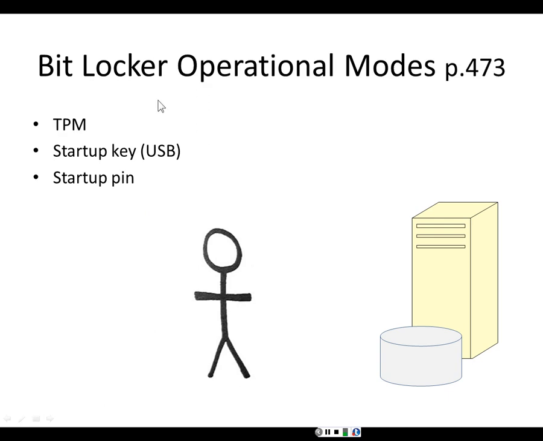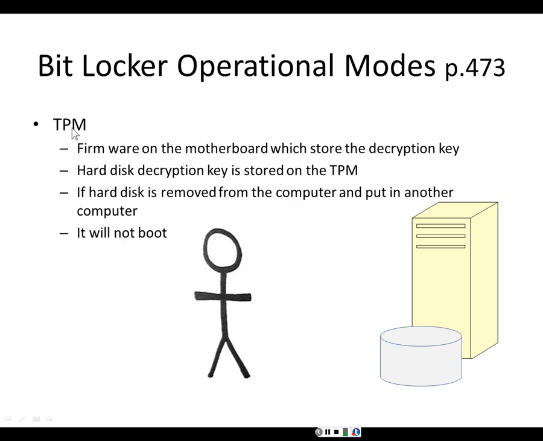BitLocker has 3 operational modes: TPM, startup key, and startup PIN. TPM stands for the Trusted Platform Module, and it is firmware on the motherboard which is used to store the decryption key.